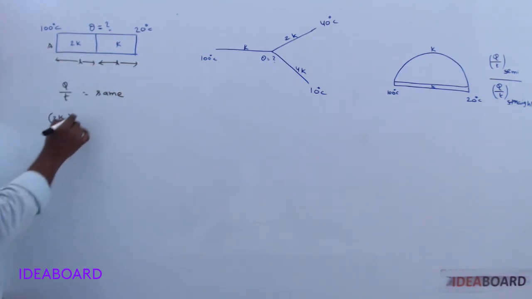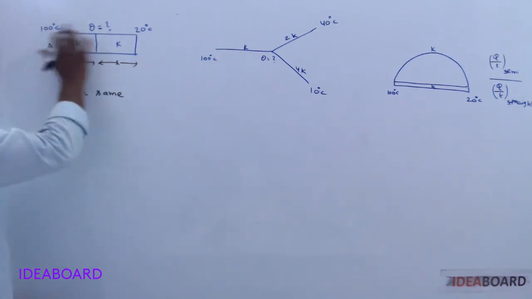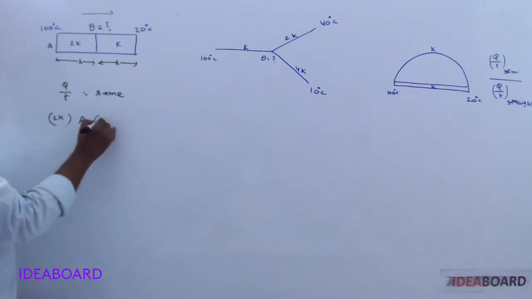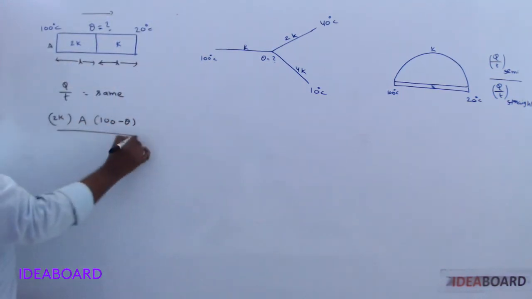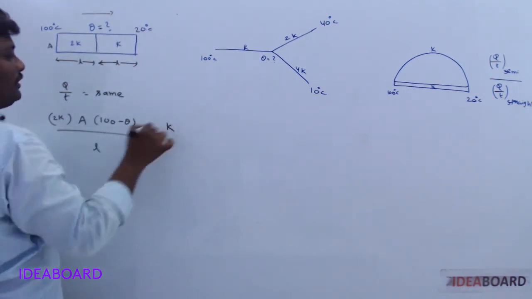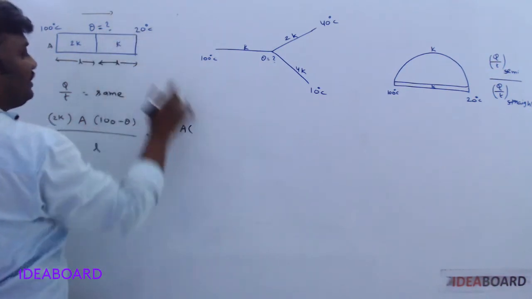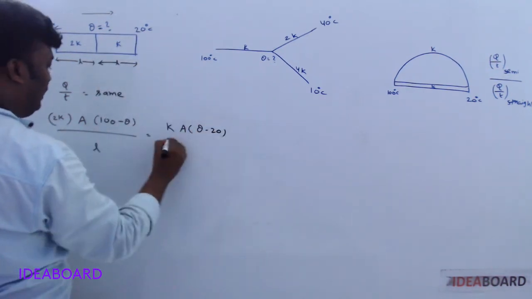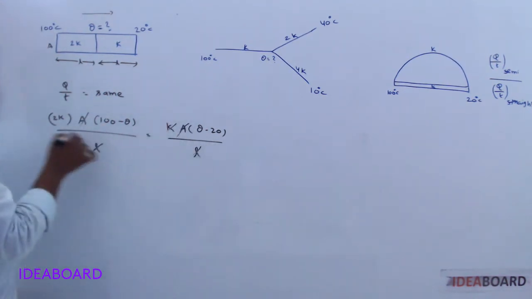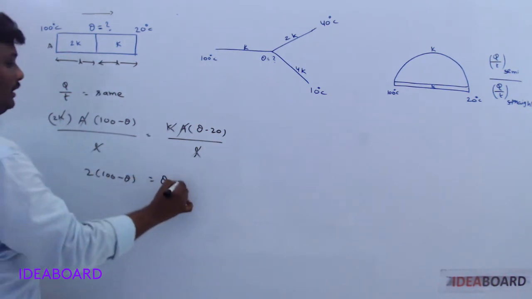2K, times area, times the temperature difference between these two. Because it is 100 here and 20 there, heat always flows from the higher temperature region to the lower temperature region. So 100 minus theta by length L is equal to, for this one, coefficient of thermal conductivity K, area, temperature difference theta minus 20 by L. L and L cancel, K and K cancel, then 2 into 100 minus theta is equal to theta minus 20.